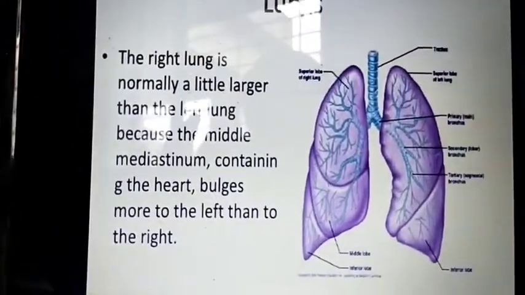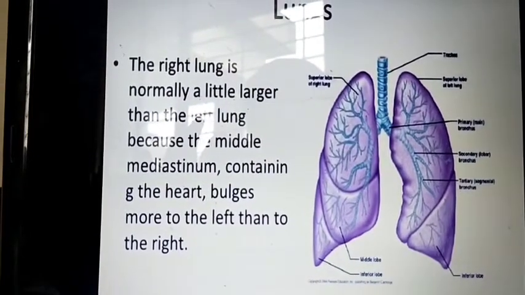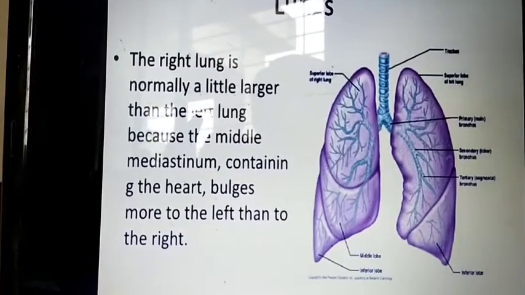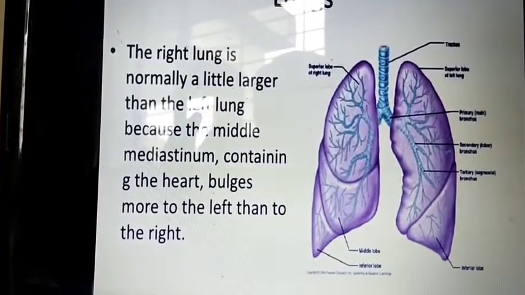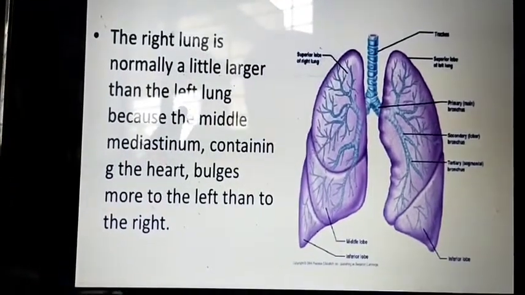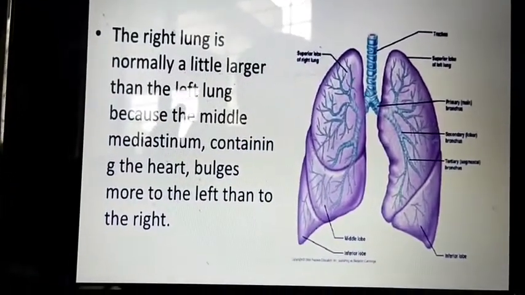The right lung is normally a little larger than the left lung, because the middle mediastinum contains the heart, and the heart bulges more to the left than to the right.